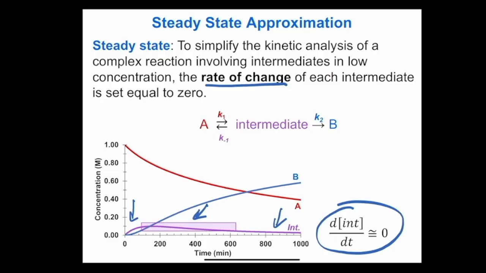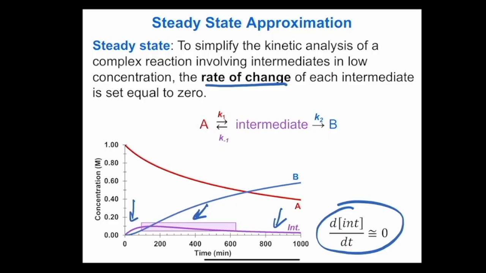It's just like the buffering thing. If we have very, very little A minus or very, very little HA, we do not have a buffer. We break the Henderson-Hasselbalch equation. But it applies in the nice squishy part in the middle. So the statement here is saying, look, most of the reaction, that is true, and that's where we're going to use this approximation to learn about the reaction. It's in the middle part of the reaction.